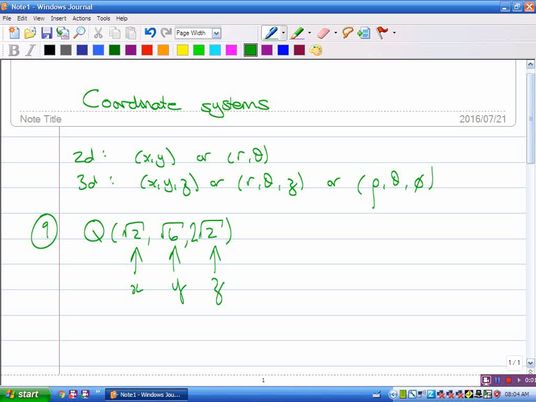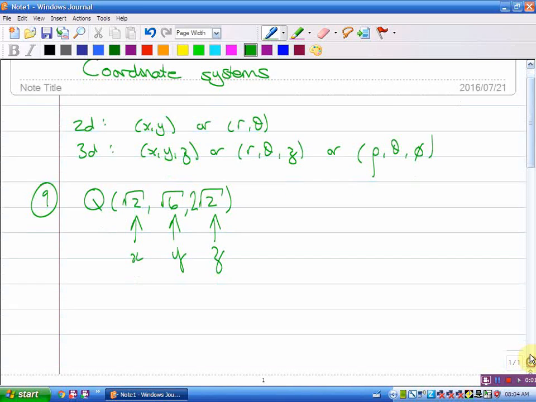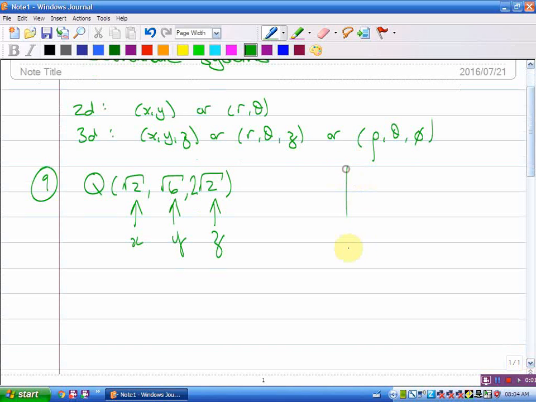Okay, so now we want to write that in cylindrical and spherical, so we need to figure out where that point is. That point sits up here with an x-coordinate of root 2, a y-coordinate of root 6, and a z-coordinate of 2 root 2.